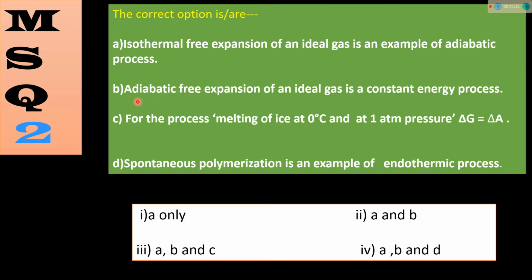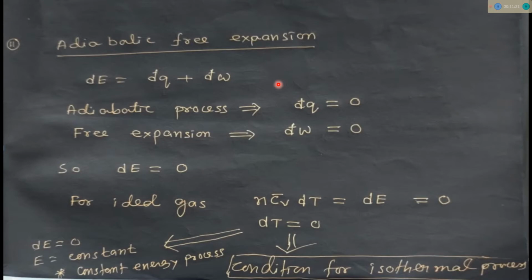Now second, adiabatic free expansion of an ideal gas is a constant energy process. So let's see. Adiabatic free expansion is given in the question, the process is adiabatic free expansion. So from the first law of thermodynamics we can write this equation. This is the expression of the first law of thermodynamics. Now we just saw that for an adiabatic process we can write dq is equal to 0 or q is equal to constant.